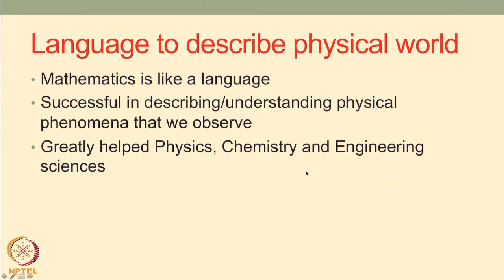Many mathematicians and statisticians contributed immensely to genetics. So it greatly helped physics, chemistry and engineering sciences, which is well known to everybody, but it also helped biology itself. Many of the famous people who contributed to genetics are mathematicians, statisticians.